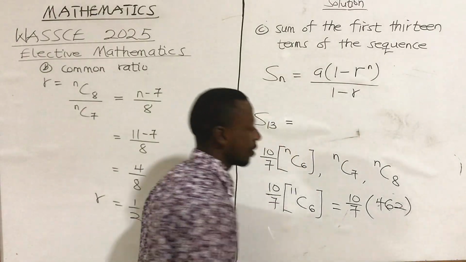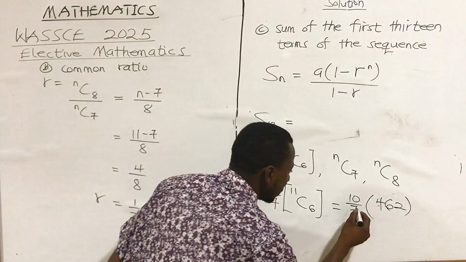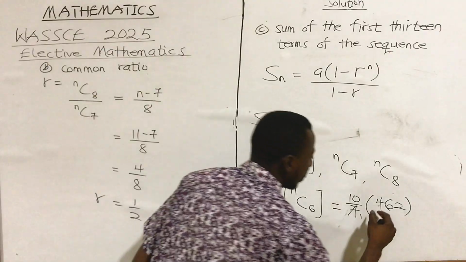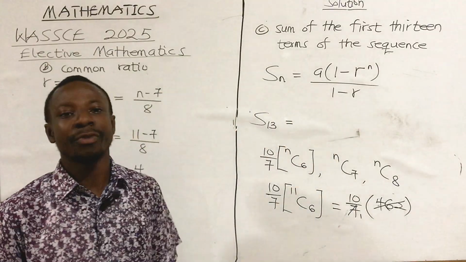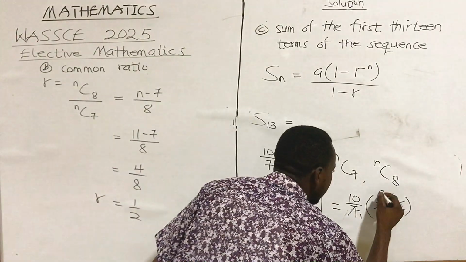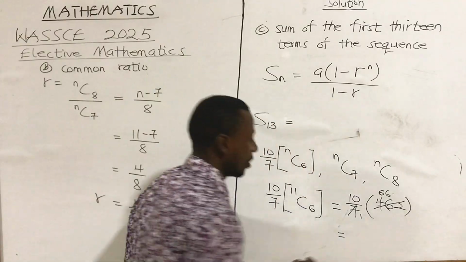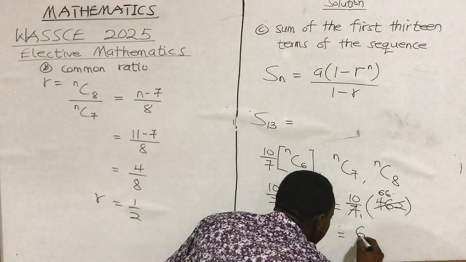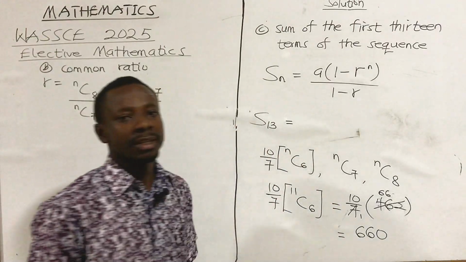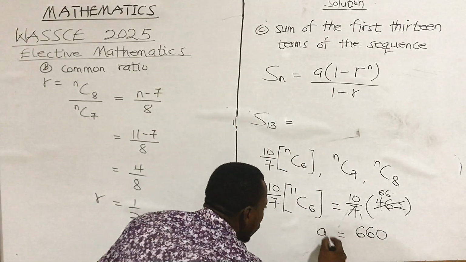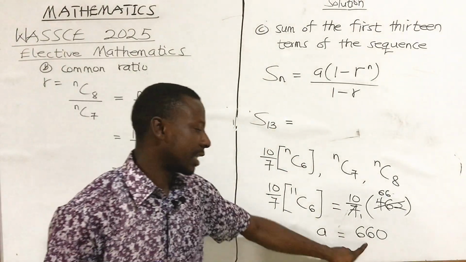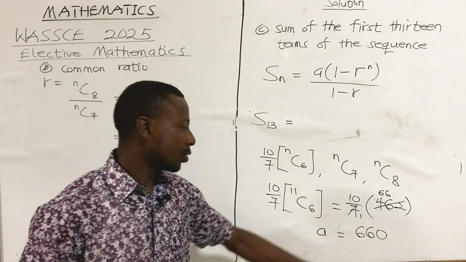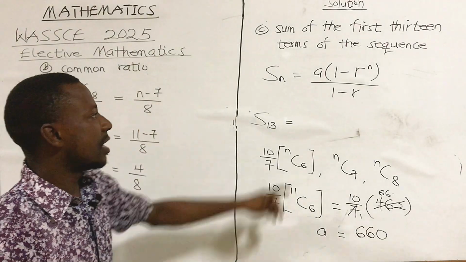So from here, 7 goes into 462 66 times. So we have 10 times 66, and we are getting 660. So this 660 will be your first term a. After getting the first term, we can fix it here.